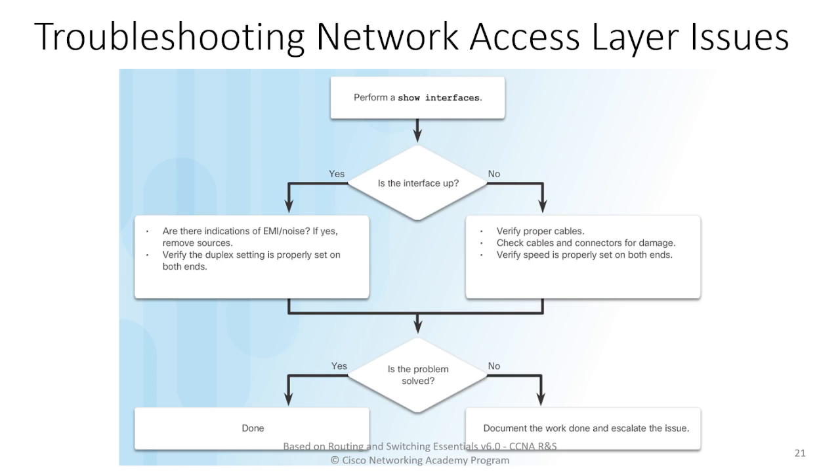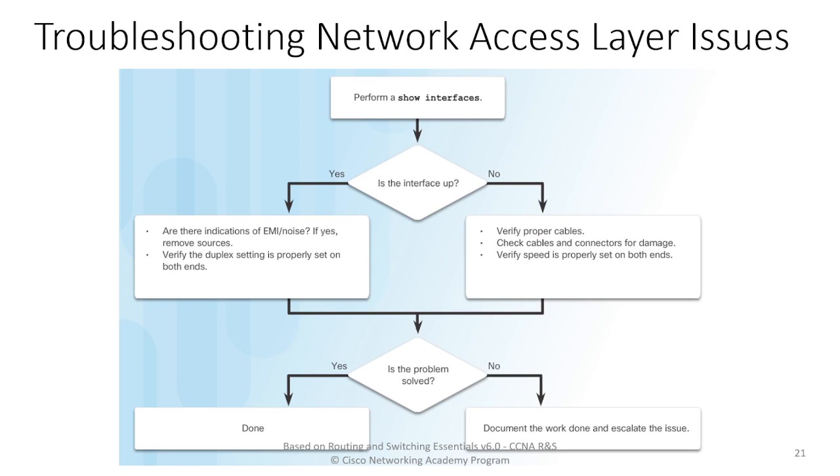So one of the main issues that we encounter at access layer networks is issues with physical cables. The physical cables are not connected properly, the physical cables are damaged, or the interfaces are damaged. Those are the main issues that we may encounter when it comes to access layer networks.